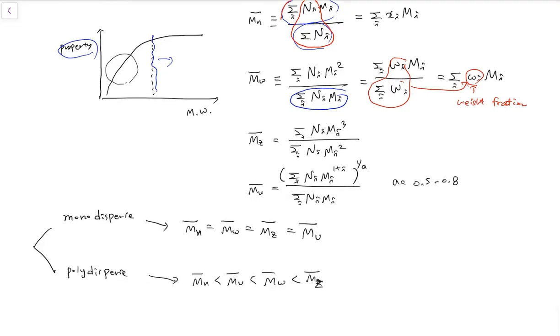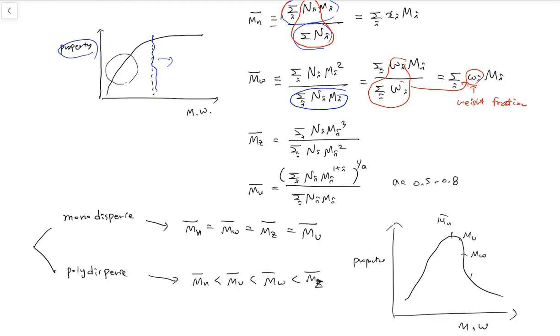So if you have molecular weight and some proportion, you usually have a distribution something like this, right? Usually this part is Mn, Mv, Mw, Mz, something like that. All right, so we have introduced different kinds of molecular weight.